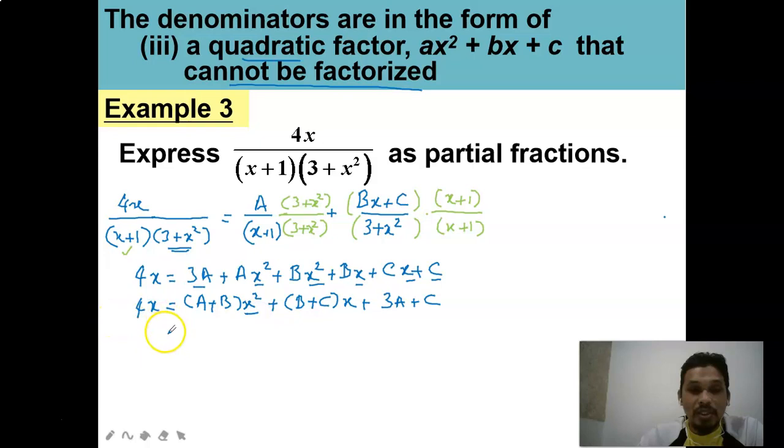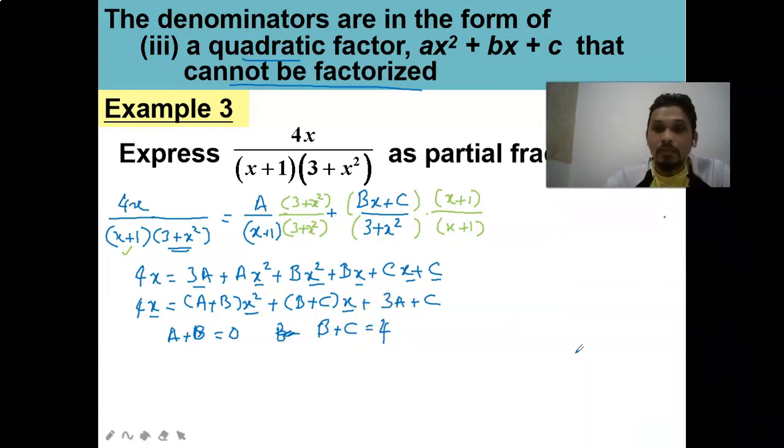Let's compare with 4x. There is no x² here, so A + B equals 0. The coefficient of x: B + C equals 4. And 3A + C: do you find any constant here?